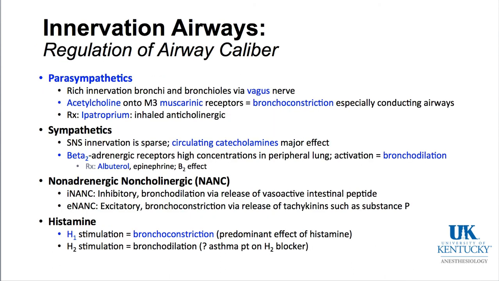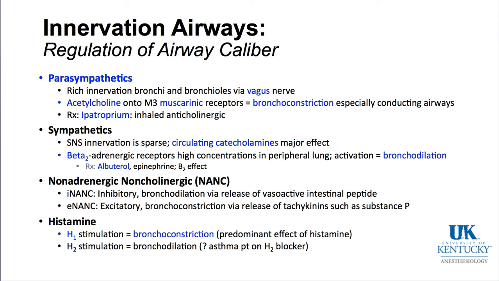Innervation of the airways. The parasympathetics have rich innervation of the bronchi and bronchioles, as opposed to the sympathetics, which the innervation is sparser, and circulating catecholamines from the adrenal, for example, or exogenous administered catecholamines are what have a major effect, as opposed to direct innervation.